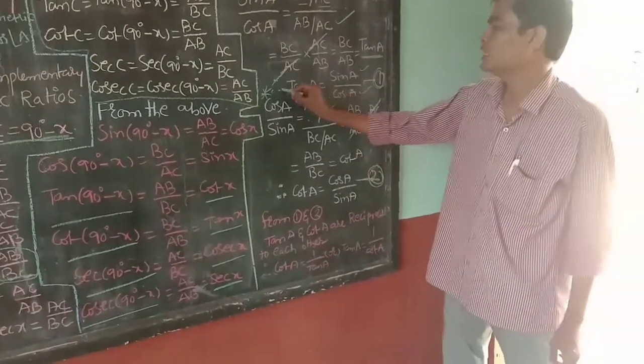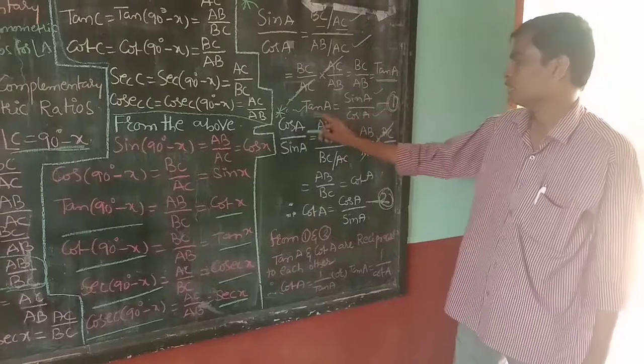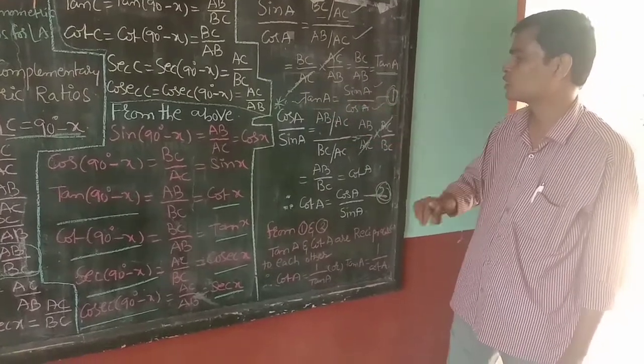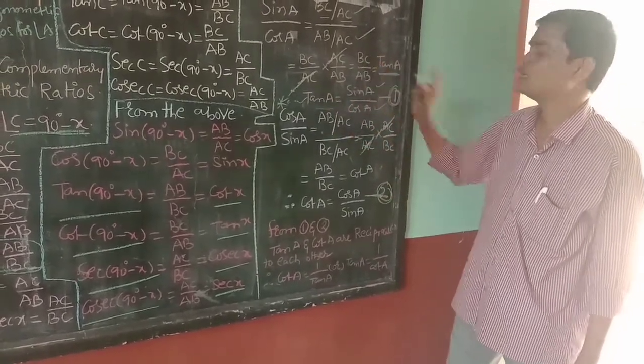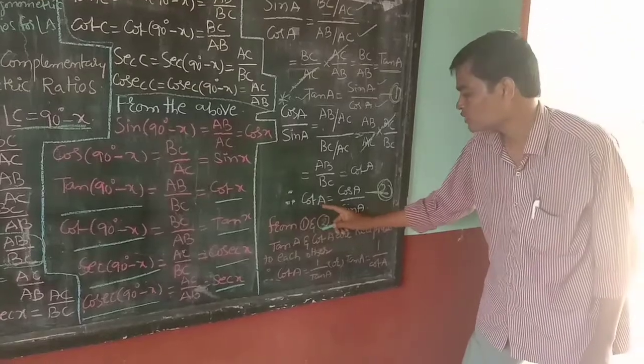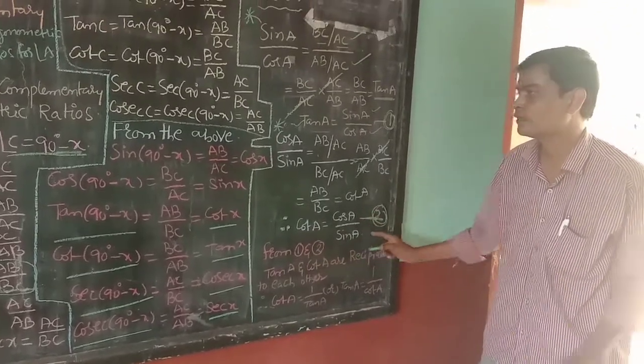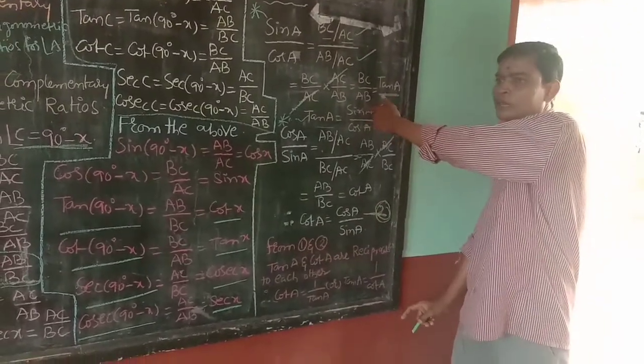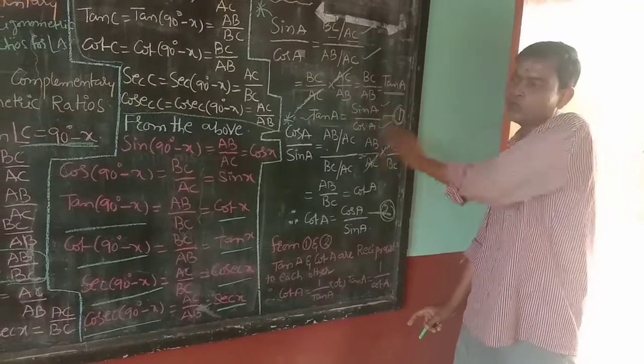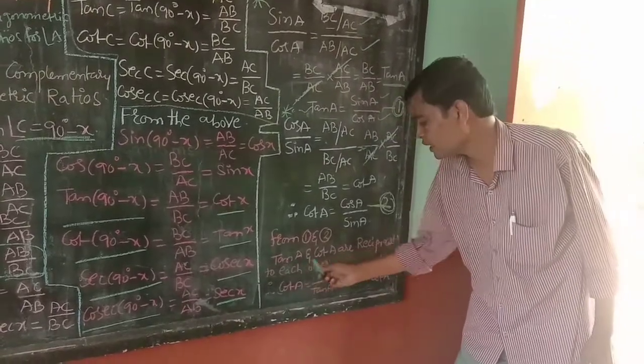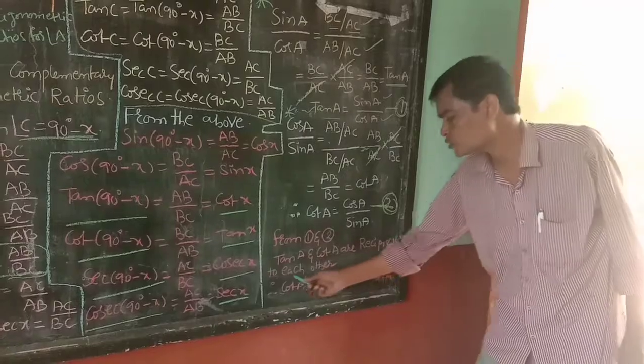Means you see here, tan A is equal to sin A by cos A, which is equal to BC by AB. But cot A is equal to what? Cos A by sin A. Means we are just interchanging the numerator and denominator. So tan A and cot A are reciprocals of each other.